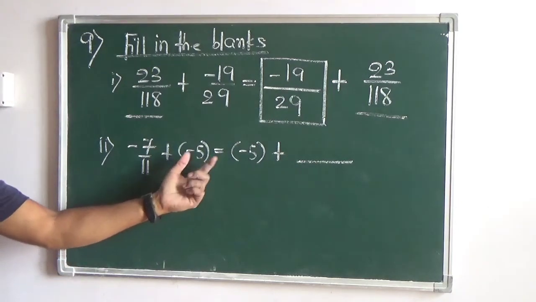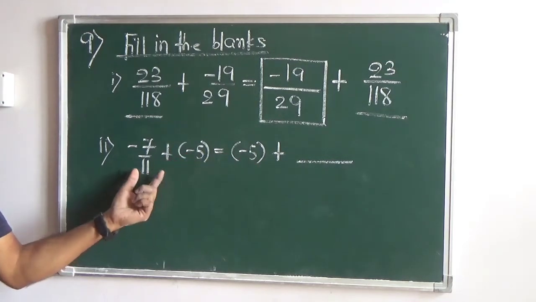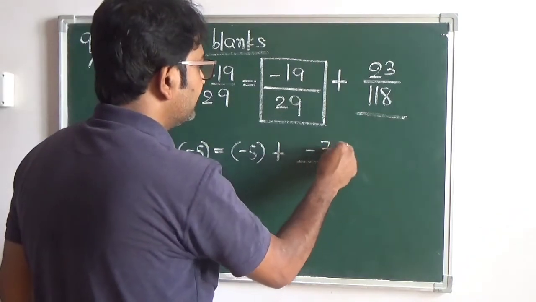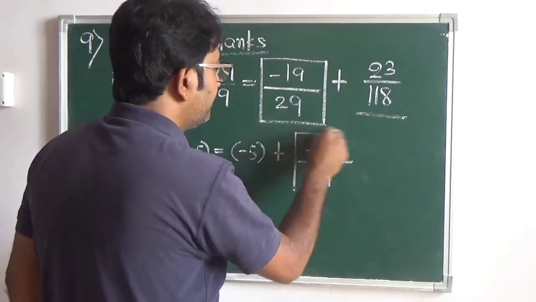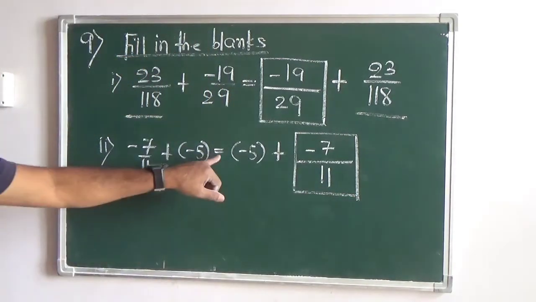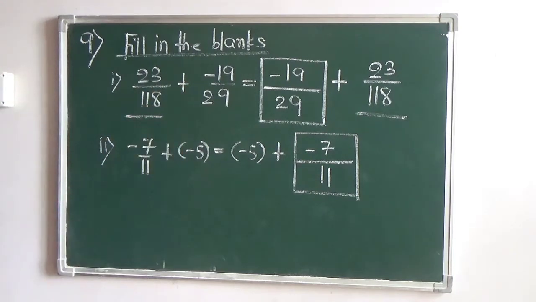Minus 5 appears on both sides. The extra factor on the left hand side is minus 7 by 11, so this side also it will be minus 7 by 11. If you put minus 7 by 11, then the equality sign holds, that means values on both sides are equal. I am leaving the remaining part for you, and you will complete this question number 9.